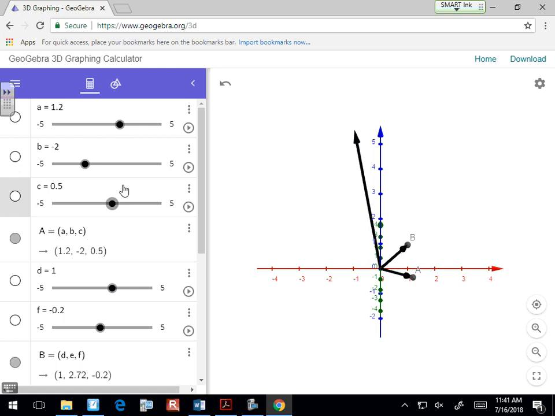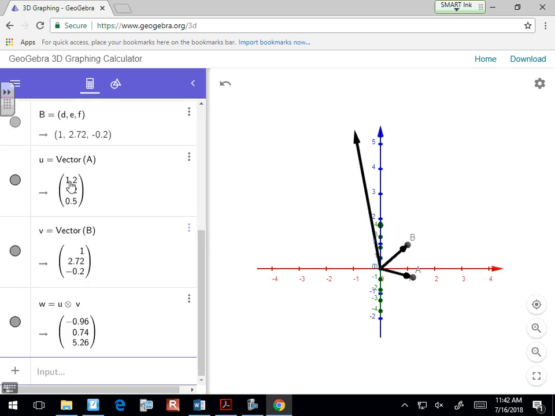So you place your index finger in the direction of the first vector in your cross product. So vector U is going in the direction of A, and vector V is going in the direction of B. So like that. Wherever your thumb would go is where the cross product would go.